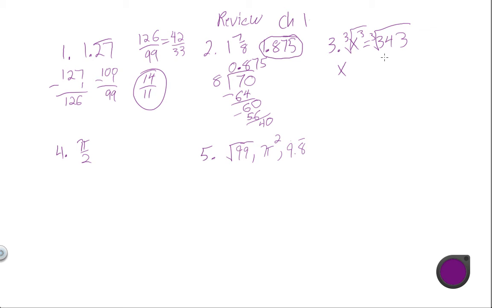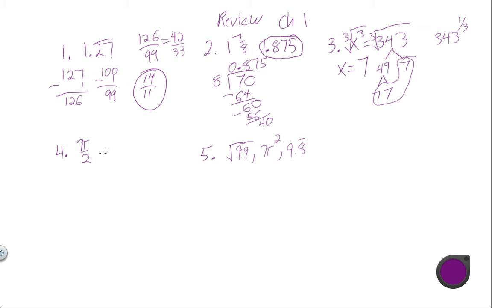The cubed root of 343, I know that 343 is divisible by 7. So that's 7. And what times 7 is 343? That's 49. And 49 is also 7 times 7. Because it's a cubed root, every time we get a set of 3 of the same number, we can take it out. And we don't have anything left to work with, so our x is just going to be equal to 7. But you can just put that in your calculator, either as a cubed root, or if you raise 343 to the 1/3 power, it'll do the same thing.